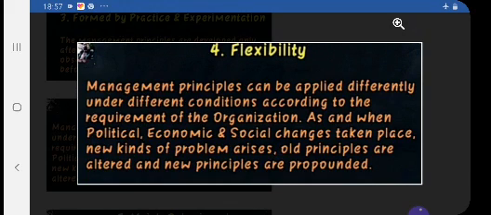As and when there are changes in external forces like political, economic and social changes, new kinds of problems arise. So old principles are altered and new principles are propounded. Means principles are not rigid. As per the situations, they keep on changing. They are not rigid. So we can say that principles of management are flexible.